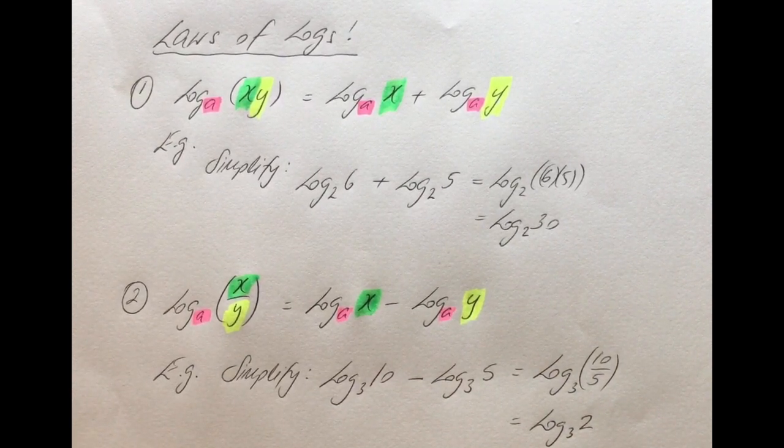Now, you won't always have numerical logs to simplify because obviously you could evaluate these on the calculator if you're allowed to just give the answer. You may have to give it in log form, in which case the calculator won't help you, because the calculator will just evaluate it to a value. But often what happens, you see, is you're given some algebraic terms in there, maybe A's and B's and X's and Y's.